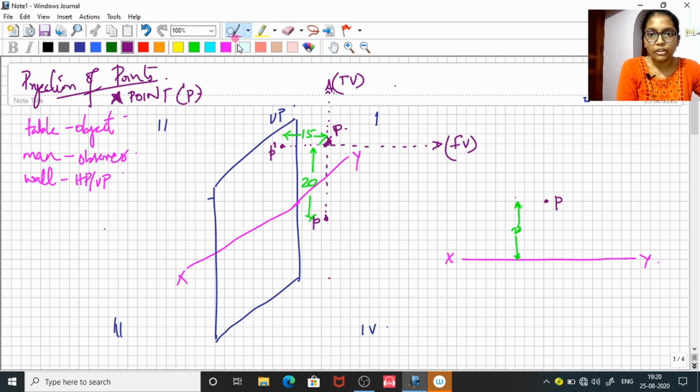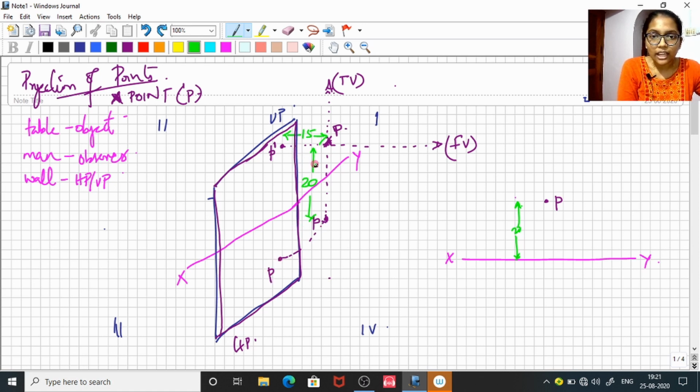This plane would have aligned along this plane, or the HP is now rotated and came aligned with VP, and also this point P was on HP, isn't it? So this point will also have a shift there, and it is p.